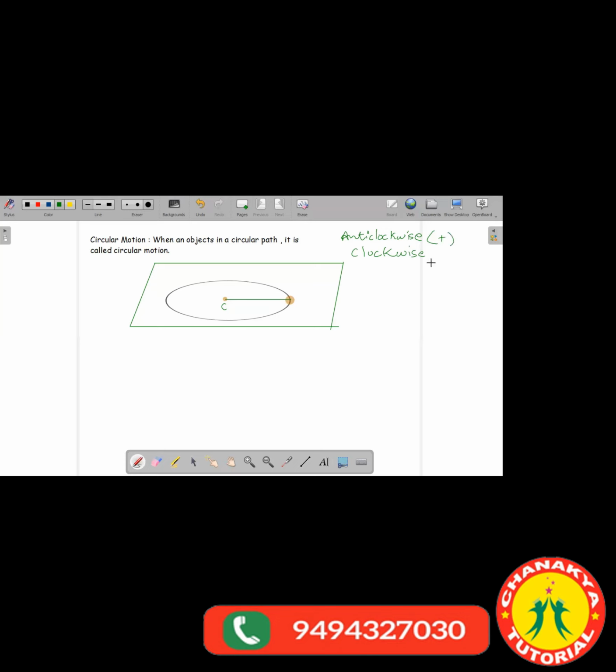And if there is any displacement along the clockwise, we will take it to be negative. So suppose from this point P, the object moves in the anti-clockwise direction, and after some time it has traveled through a certain displacement and is now at point A. We will say that it has made an angular displacement PA, and this is a positive angular displacement.